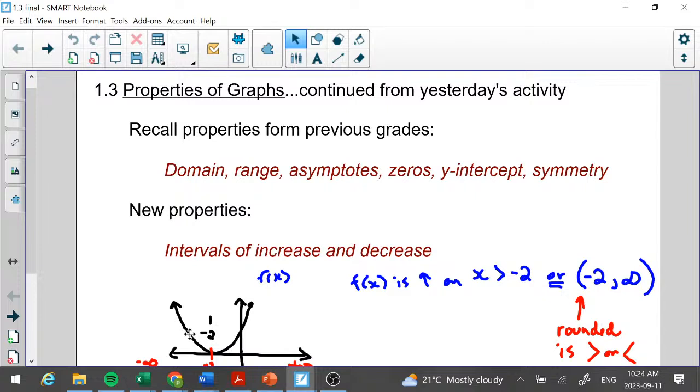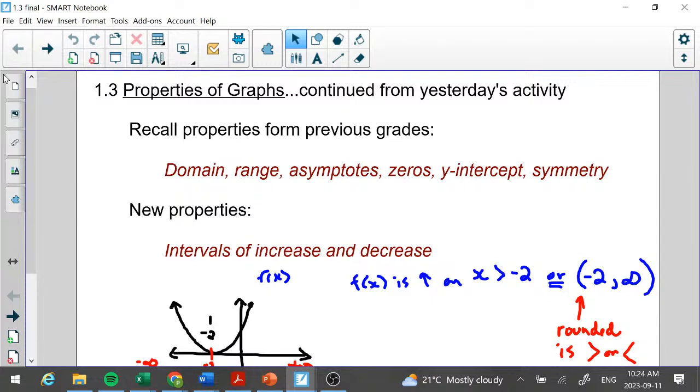So if you're looking at this curve and you want to know whether it's increasing, you have to start on the left. Well, can I start further left than 0? Yes. Can I start further left than this? Yes. I would actually keep going forever. Do you understand?